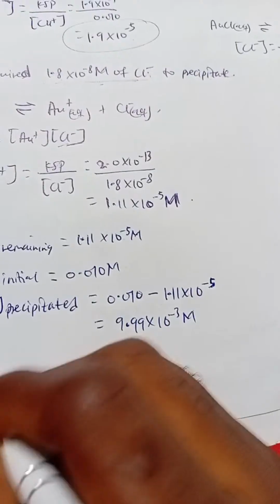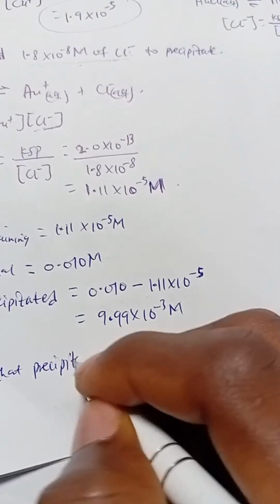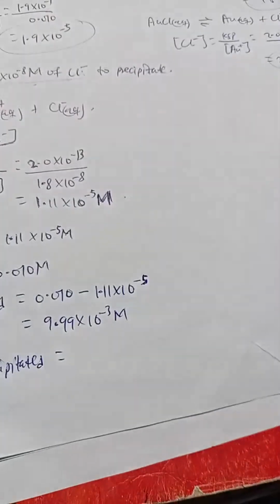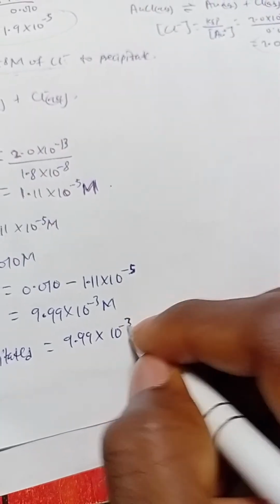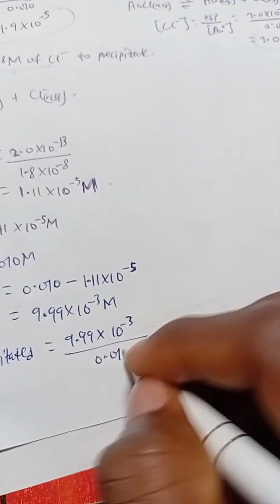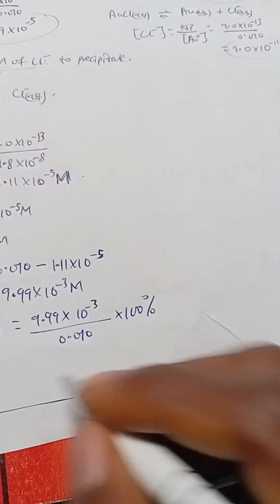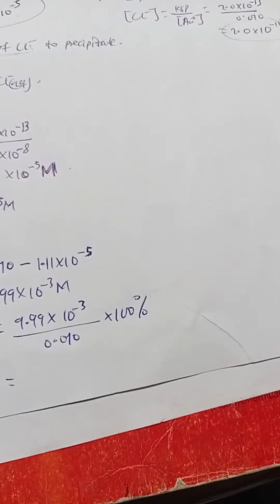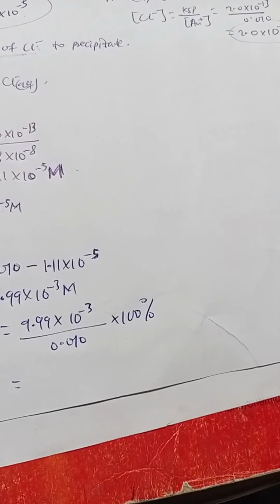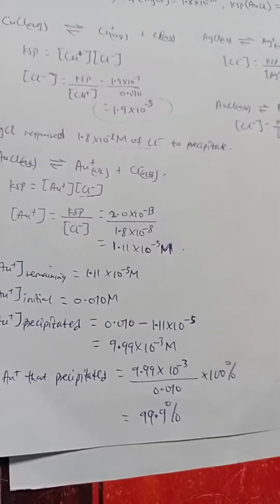So we can then go ahead and calculate the percentage of Au plus that's precipitated, equal to 9.99 by 10 to the power minus 3 over 0.010 times 100%. We're going to get 99.9%.